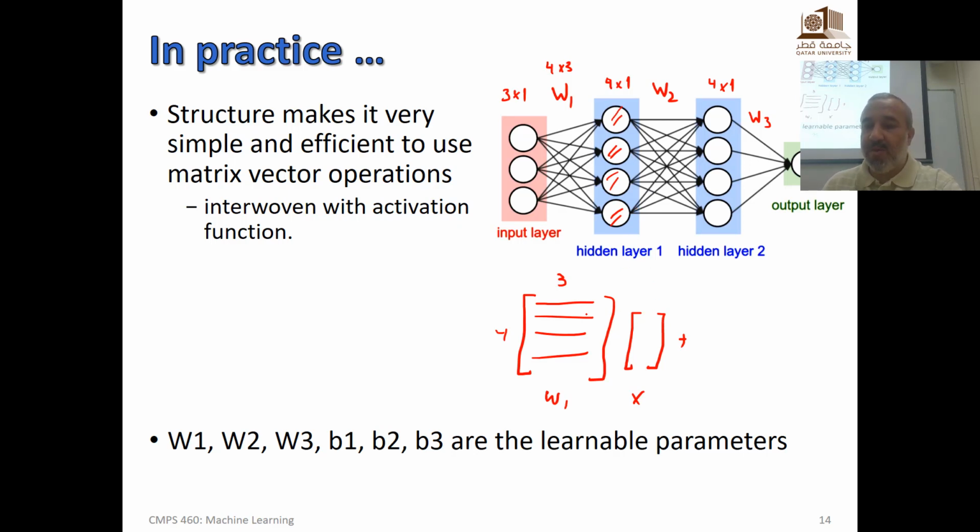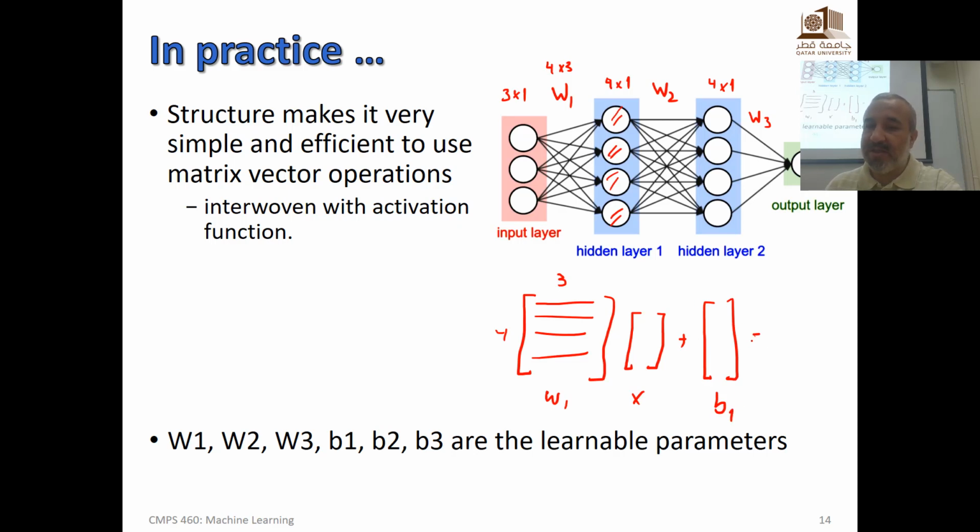When we multiply W1 by x, what will be the dimension of the result? First, will that be a vector or a matrix? Vector. What's the dimension? Yes, 4 by 3 times 3 by 1 will be 4 by 1. And we will add the bias, which is 4 by 1. Call it B1.